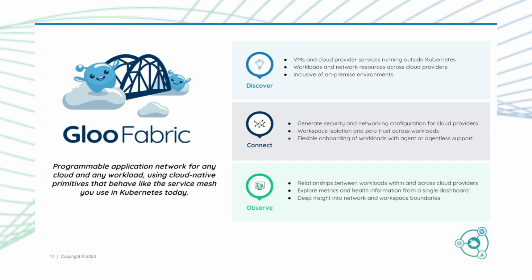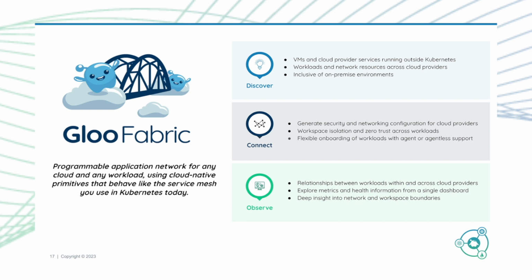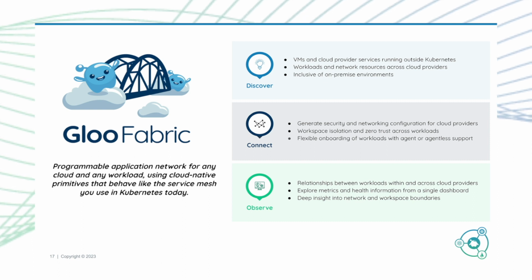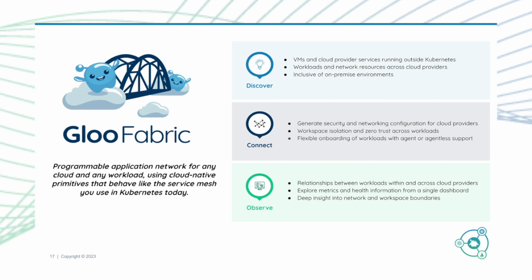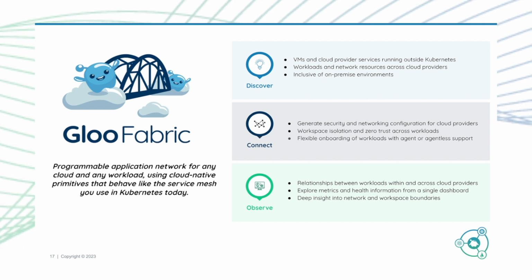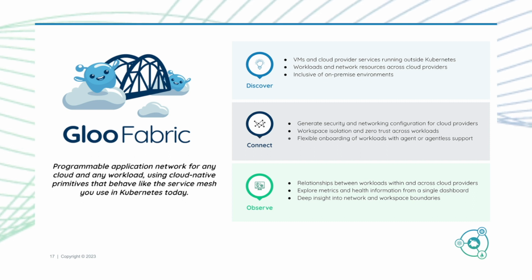Finally, Fabric allows you to observe this complete environment across cloud provider services and virtual machines, giving you deep insights into network and workspace boundaries, allowing you to view relationships between services and explore metrics and health information for those workloads in a single dashboard.